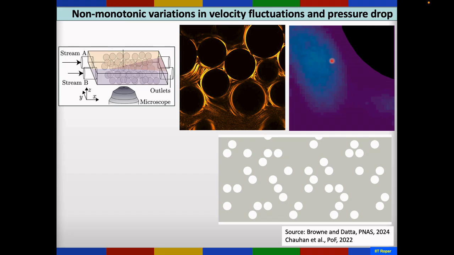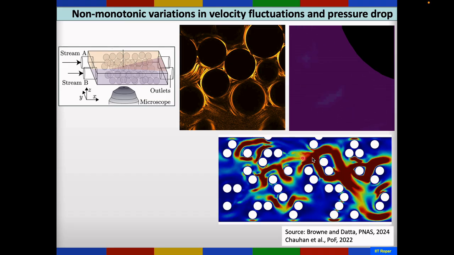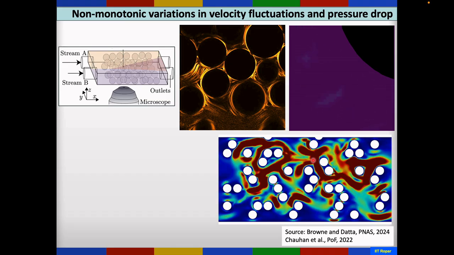Even if you zoom in on one obstacle only, you can see how that turbulent burst is coming, because of the appearance of elastic turbulence. Even in our research group, we have performed numerical simulations, and we have also seen those chaotic fluctuations inside this porous media.